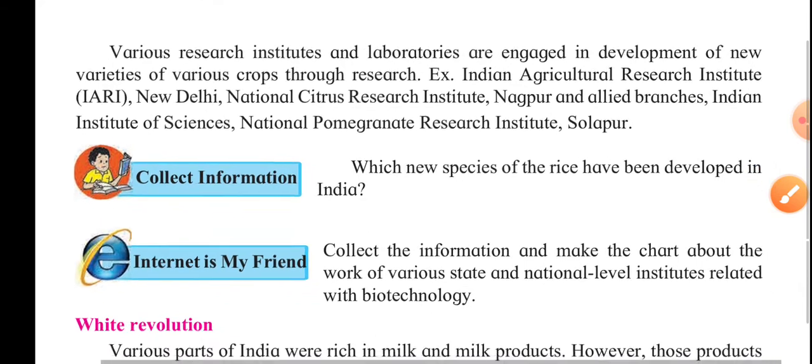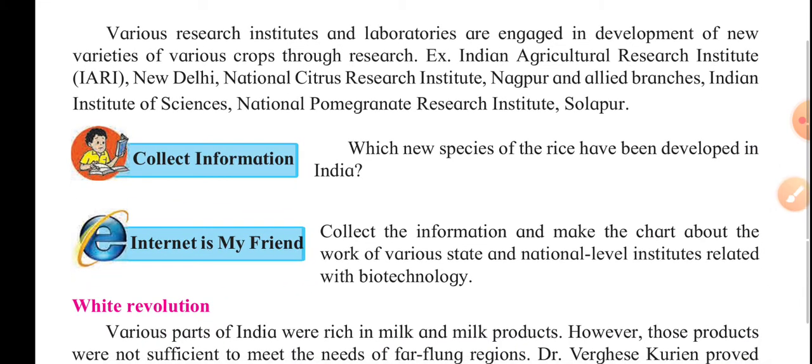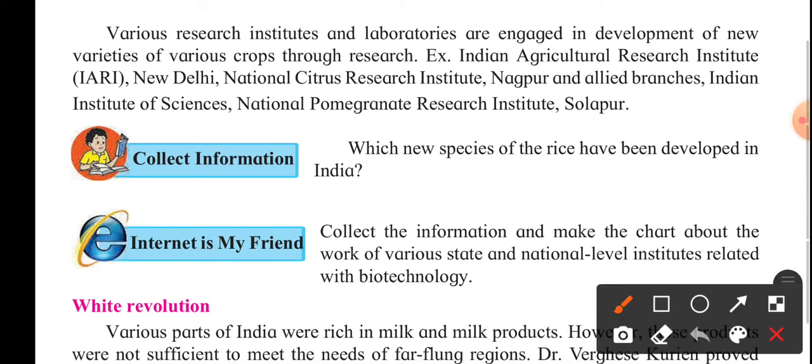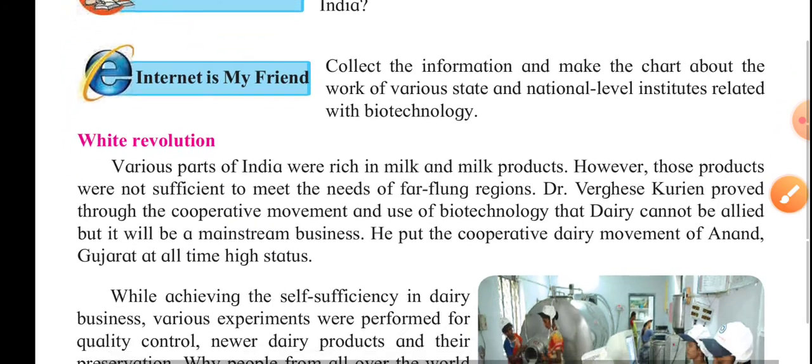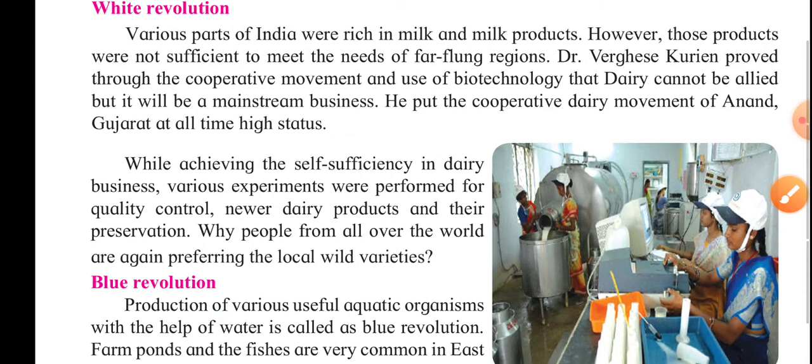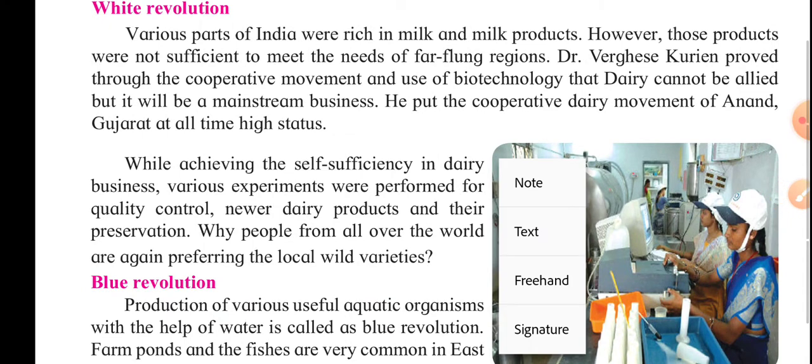Various research institutes and laboratories are engaged in developing new varieties of crops through research. For example, the Indian Agriculture Research Institute IARI, New Delhi, National Citrus Research Institute, Nagpur, the Indian Institute of Science, and National Pomegranate Research Institute, Solapur. These are all working together for the proper development in the field of harvesting.